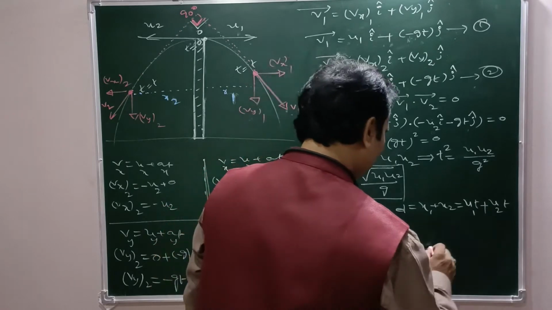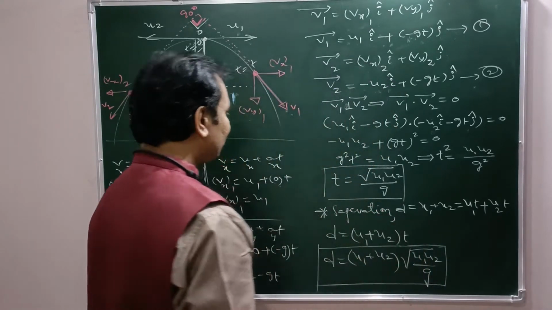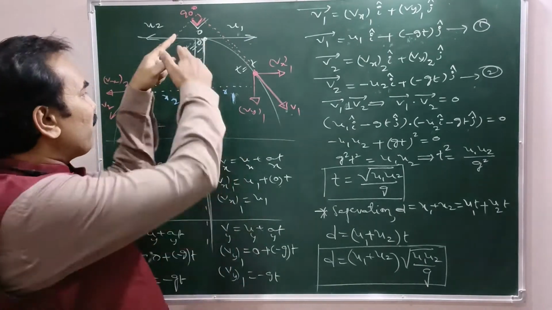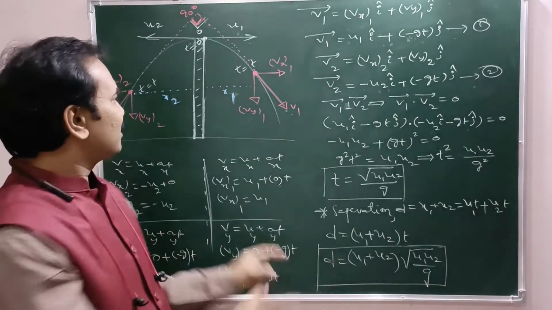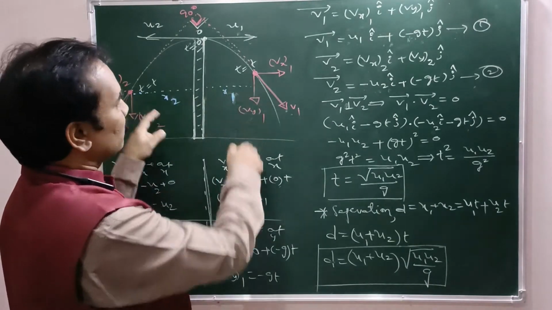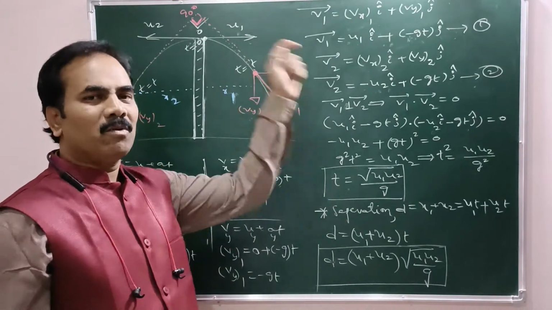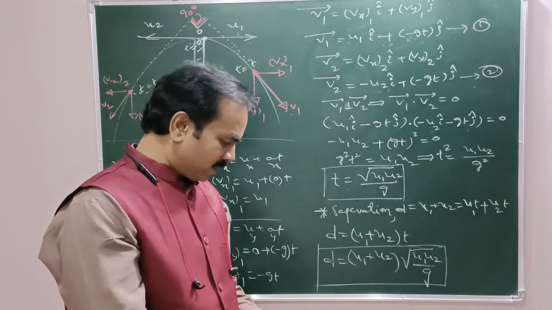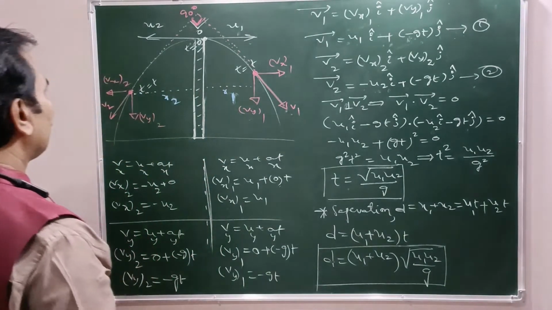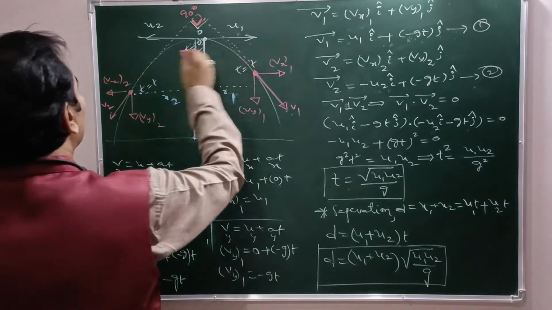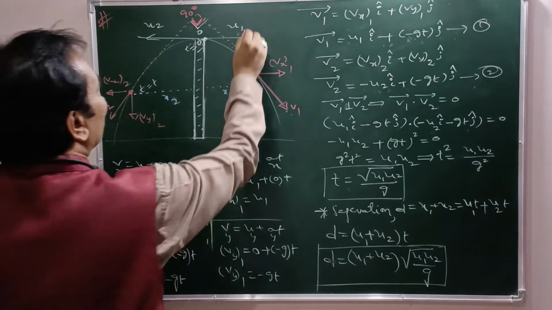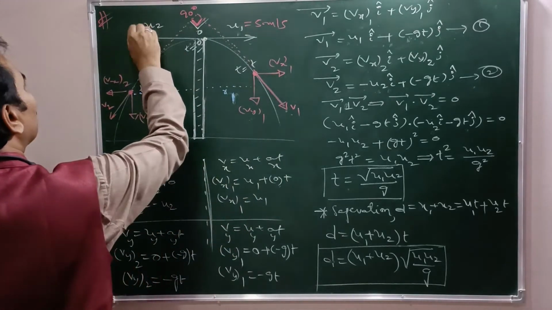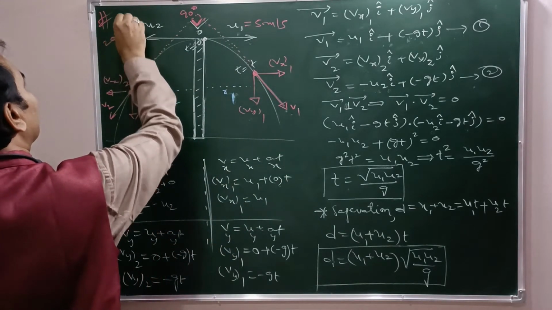So this is the separation between the projectiles for the situation when they move perpendicular to each other. This is the separation between these two, and this is the time after which they move perpendicular to each other. Now if I substitute numerals, u1 is 5 meters per second and u2 is 20 meters per second.